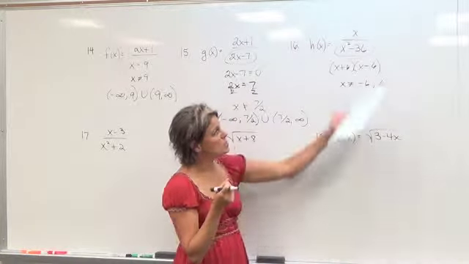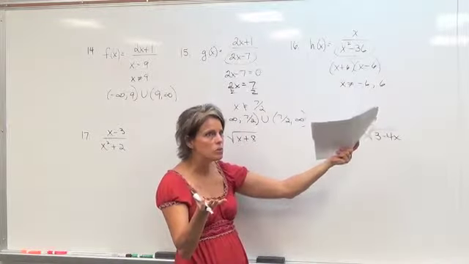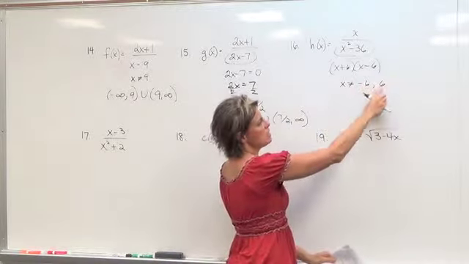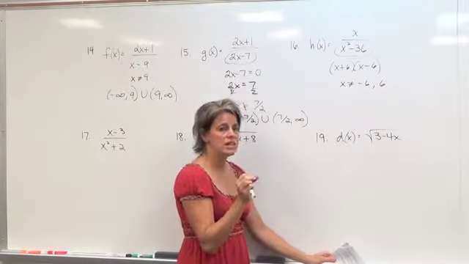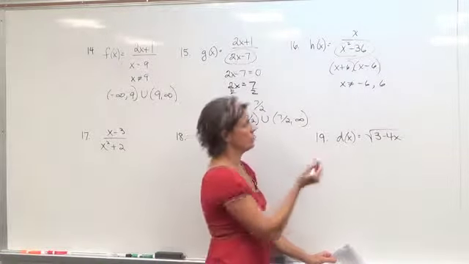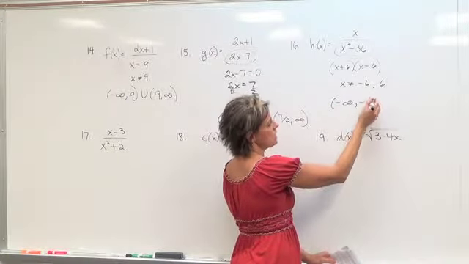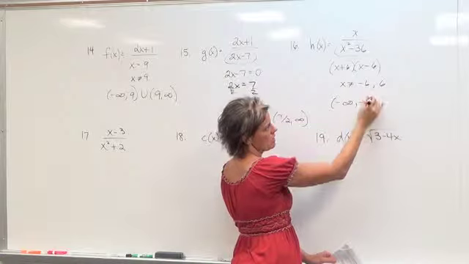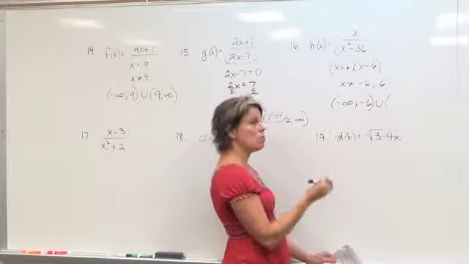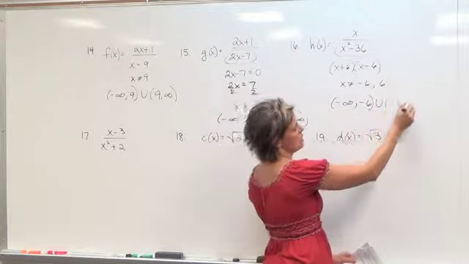All right, you could also set this equal to 0, move your 36 to the other side, take the square root of both sides. Just make sure you realize that there are two answers that x can't be. Now, when you write this one in interval notation, it's ugly, all right? It's still going to be negative infinity to negative 6, and then I've got a problem at negative 6. And then I can pick up right after negative 6, and life is good until I get to positive 6.